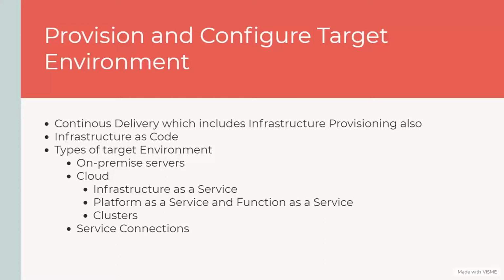If I have a .NET project, my target environment can be Azure App Service, an IaaS server, or a Kubernetes server. If it is a Java application, the target server can be a Tomcat server, an app service, or the Docker platform also. And for Node, maybe the NGINX server and so on, they would be using.